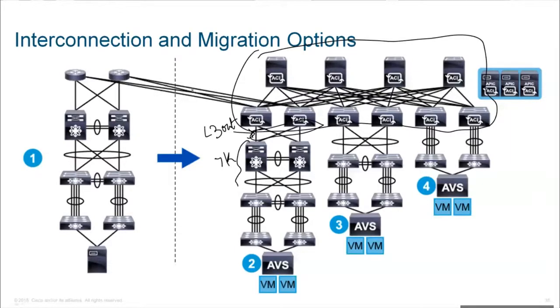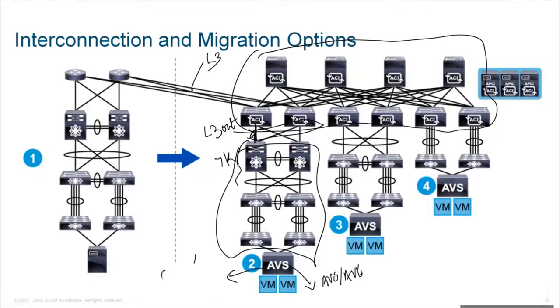You have a layer 3 out here connecting to this campus router or something. And in this case, this is a layer 3 out connecting to. So ACI does not govern any of these, except you can with AVS or AVE. That's a virtual host. You could, because they support OpFlex.